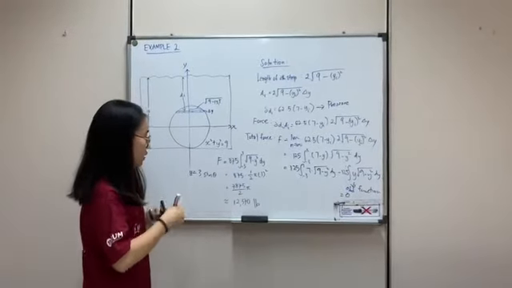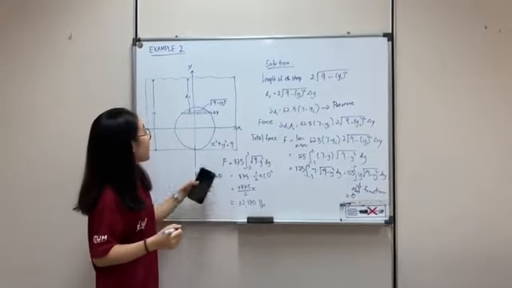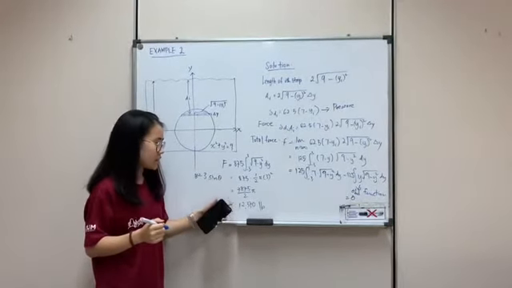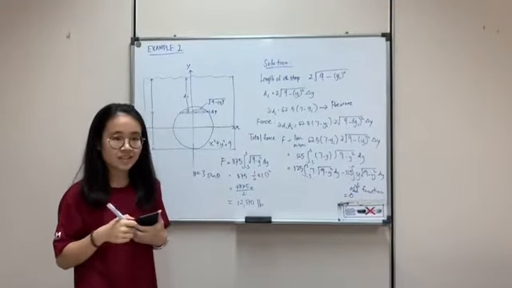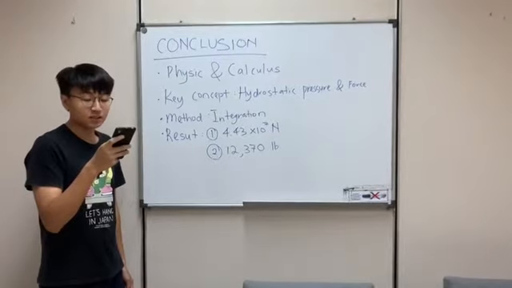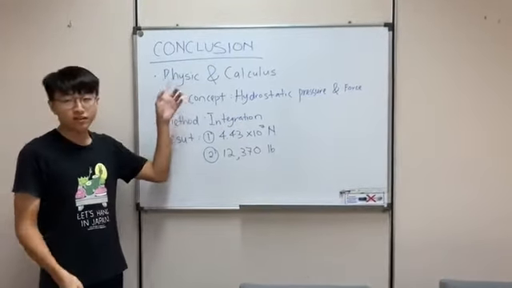And then through the calculation steps, we will get the hydrostatic force acting on this cylindrical drum. The answer will be 12,370 lb.